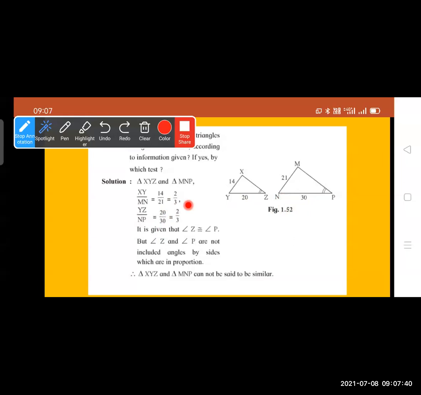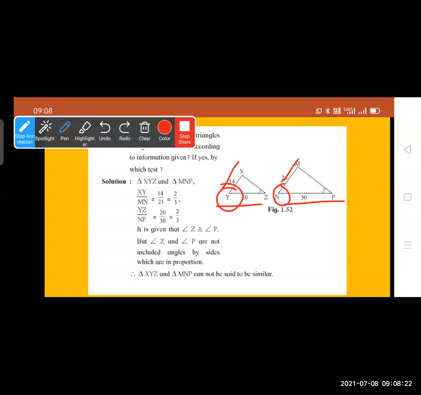It is given that angle Z is congruent to angle P. This question is very important, and the concept is here. Angle Z is congruent to angle P, but Z and P are not the included angles of the sides which are in proportion. If angle Y were congruent to angle N, then we could easily say that these two triangles are similar, because these two sides are in proportion and we require the included angles to be congruent.